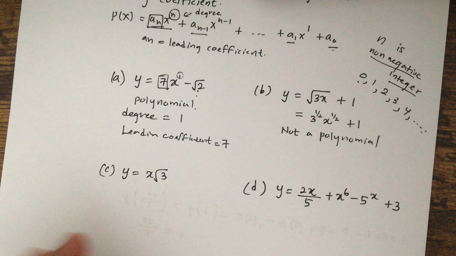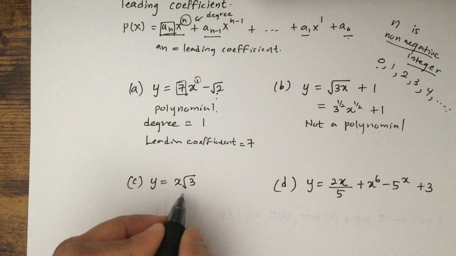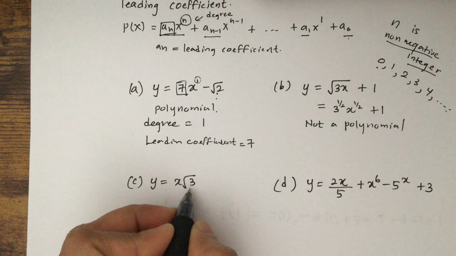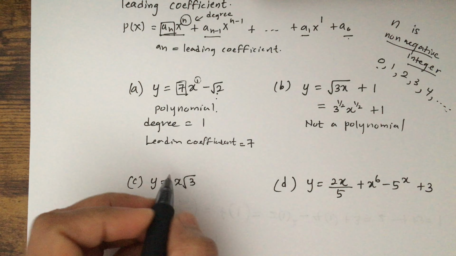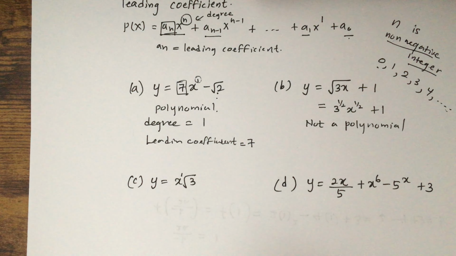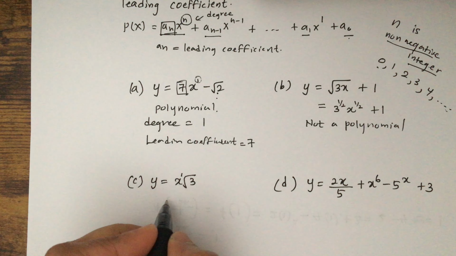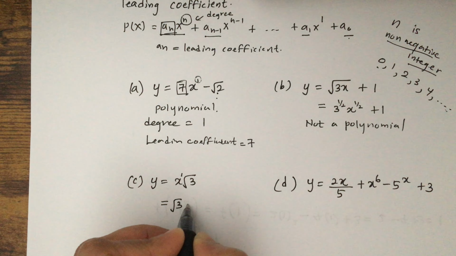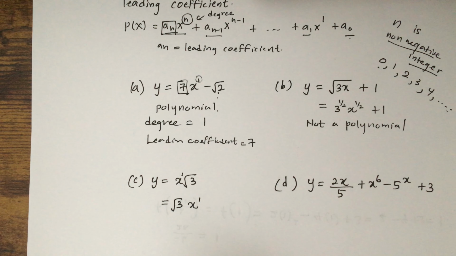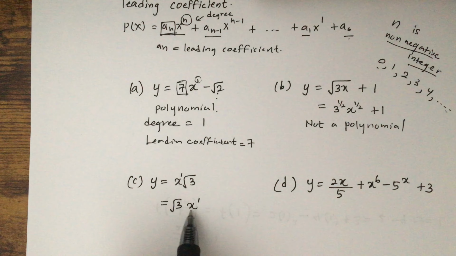Okay. How about the other one? This is y equals x times square root of 3. You can see the power here is 1, x to the power 1, and you have this constant. We don't have any constant term, but we have the linear term with x, right?